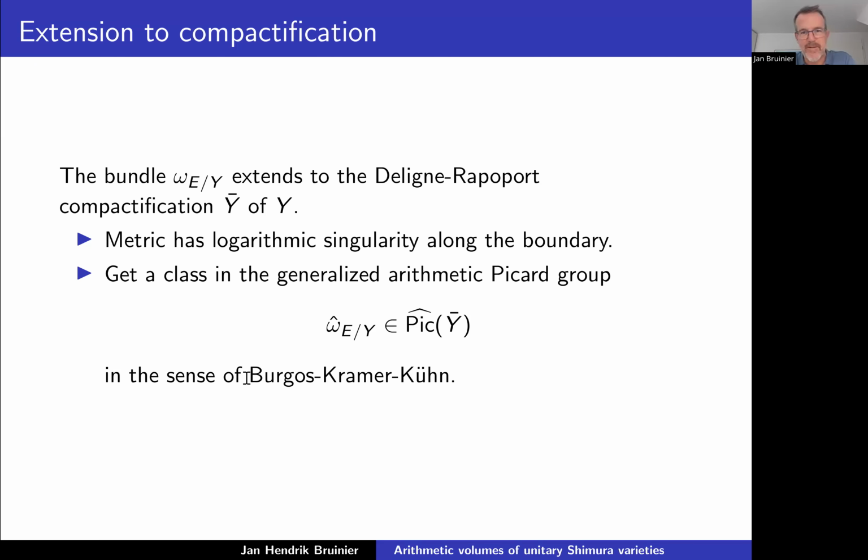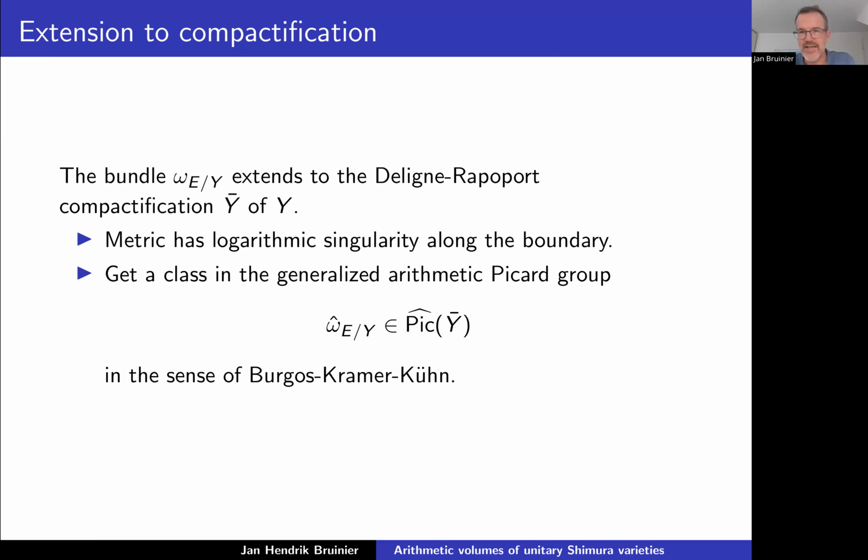This was constructed by Burgos, Kramer, and Kühn, this extension of Arakelov theory in the sense of Gillet-Soulé. And our Hermitian Hodge bundle gives us a class in this arithmetic Picard group in this slightly generalized sense.